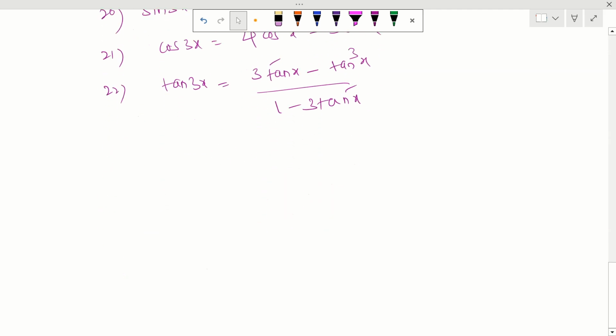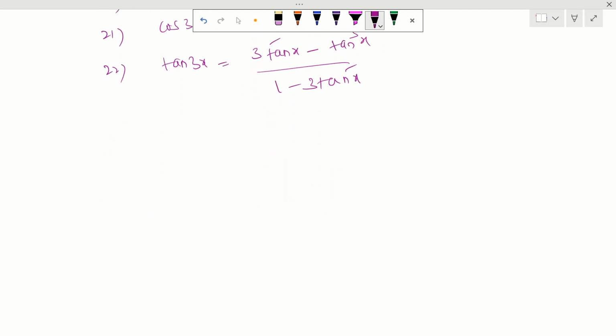Now come to another formula, cos x plus cos y. What is the formula? When cos x plus cos y is asked, both terms will be cos: 2 times cos of (x plus y) by 2 and cos of (x minus y) by 2.